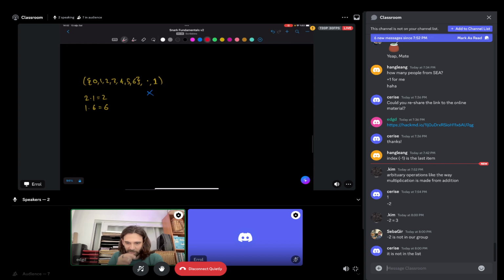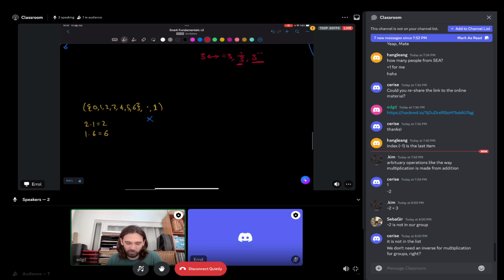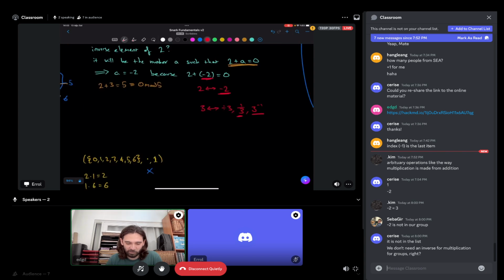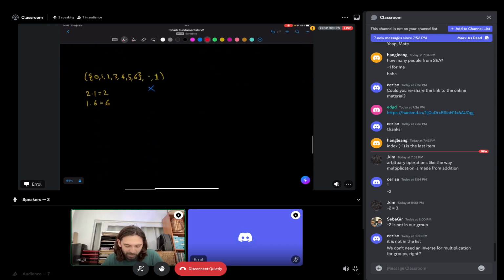Let's try and find a multiplicative inverse. There's another term we can use: we can say this -2 is an additive inverse because it's with the binary operation of addition, and with multiplication it'll be a multiplicative inverse.